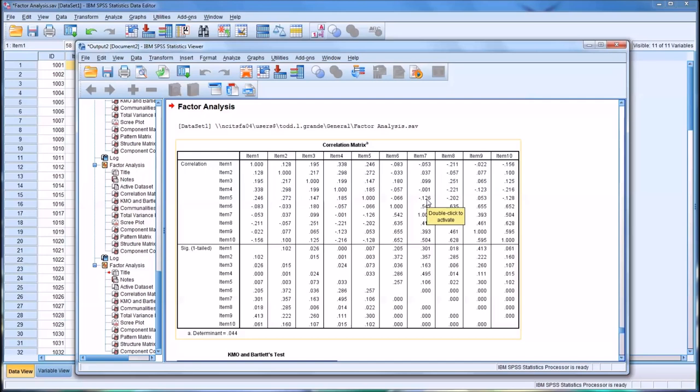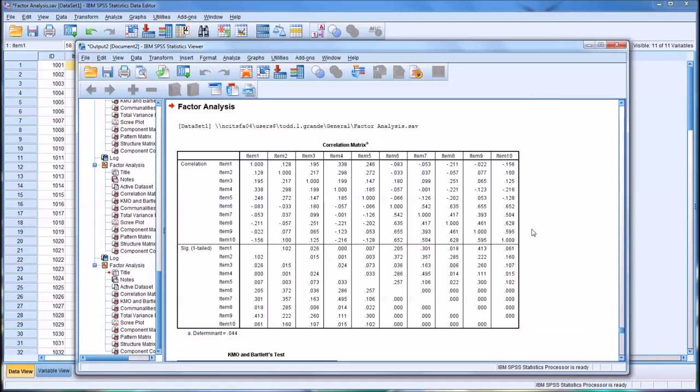That's not helpful either. And one popular cutoff for considering an item multicollinear in a factor analysis is 0.8, a correlation of 0.8. And you can see that none of the values here in our correlation matrix exceed 0.8.